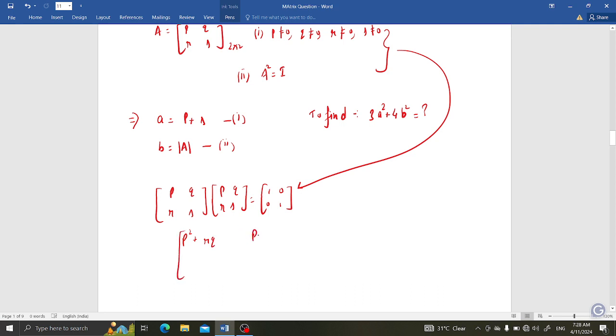Next is PQ plus QS, and next one is RP plus SR. Now we have RQ plus S square, 1 0 0 1.